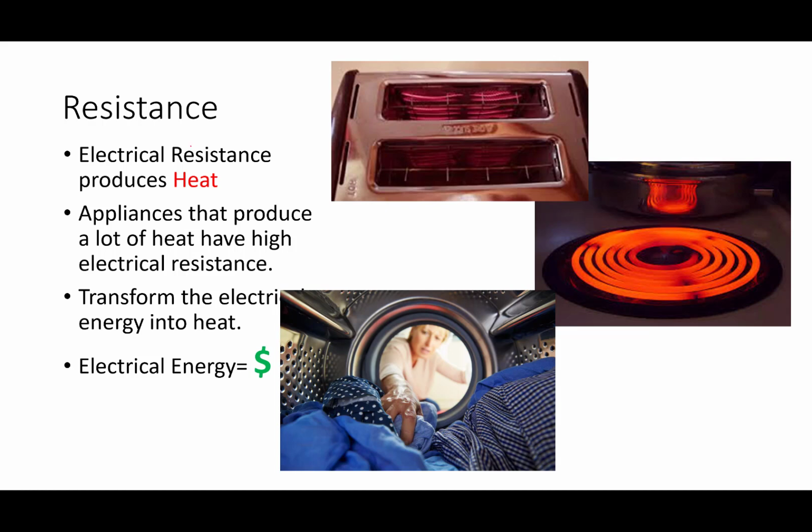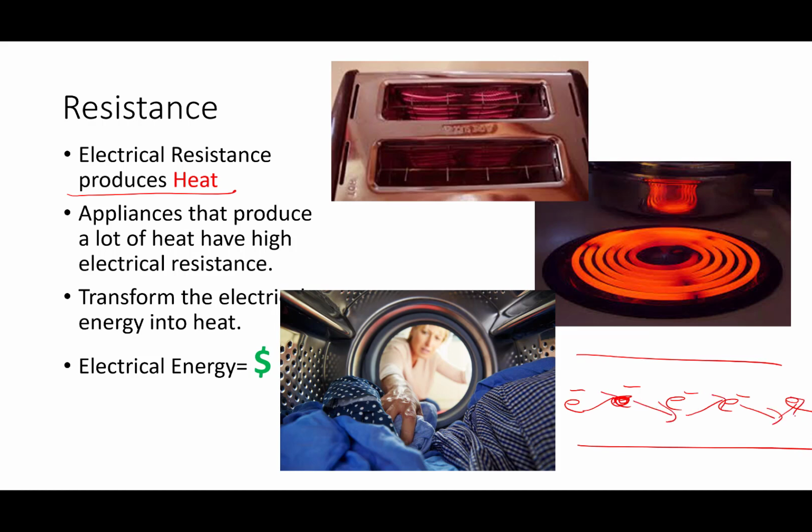Now, electrical resistance produces heat. When you have this path of electricity going through a conductor, as it is trying to hit one charge hitting another, hitting another, hitting another, as it's moving along, every one of these bumps along the way is going to have a collision, and collisions produce heat.